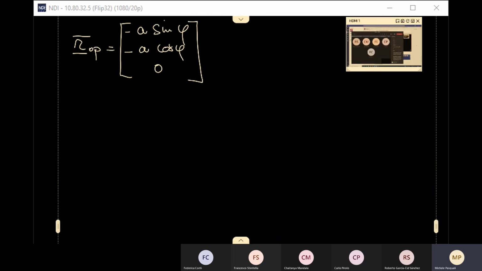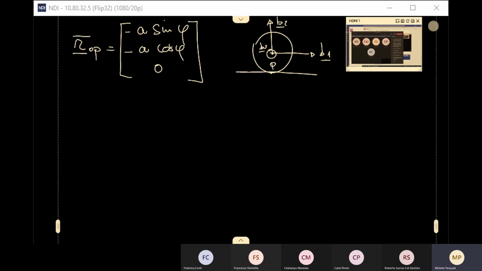And then what? Let's take a look. Well, if you imagine that initially, as I said, the coin stays like this, and this is basically B1, and this is B2, and B3 is coming outside from the board. This is P, okay?